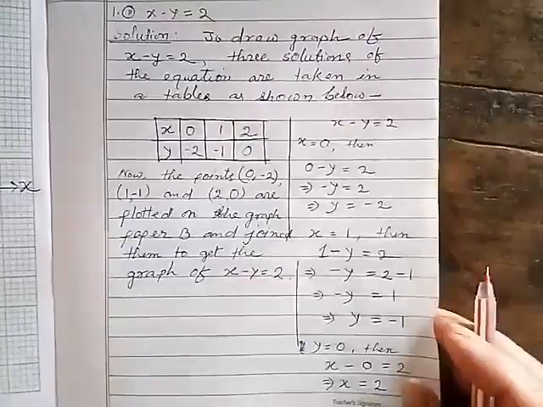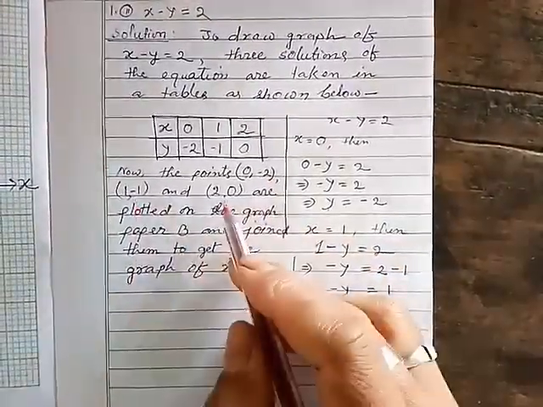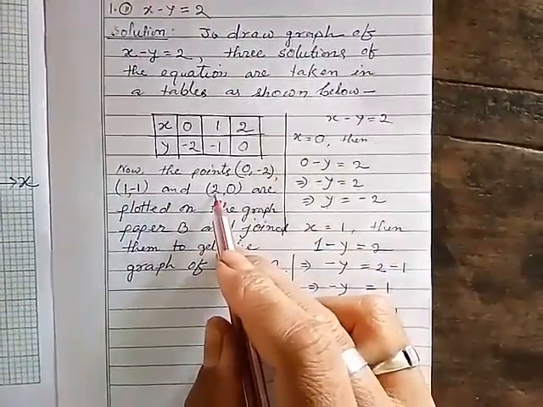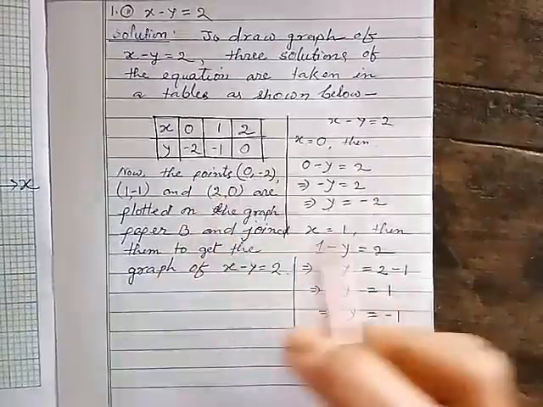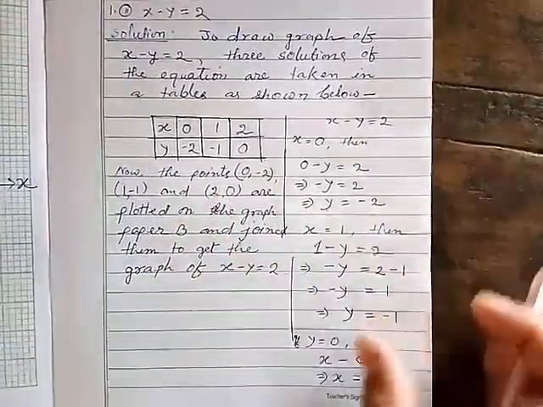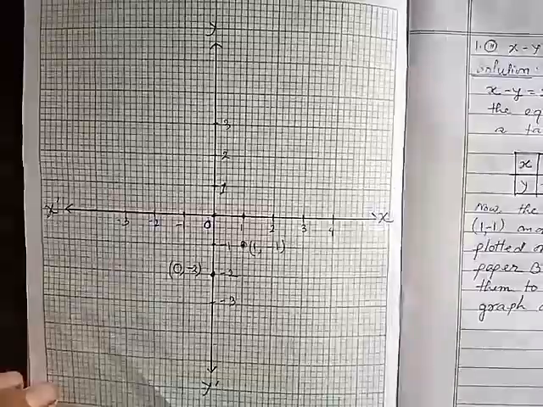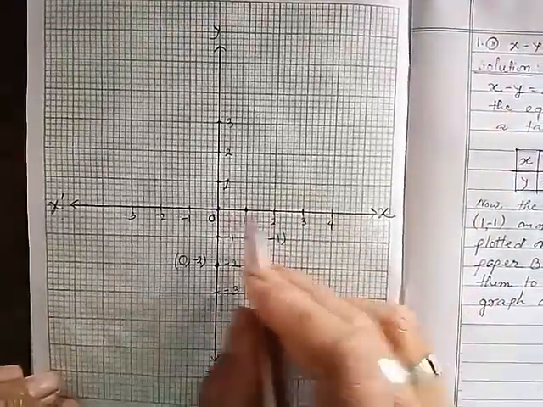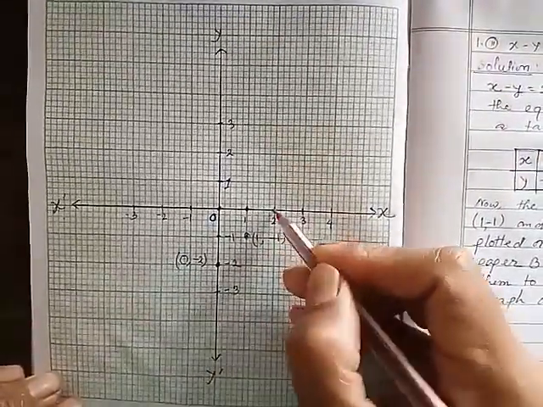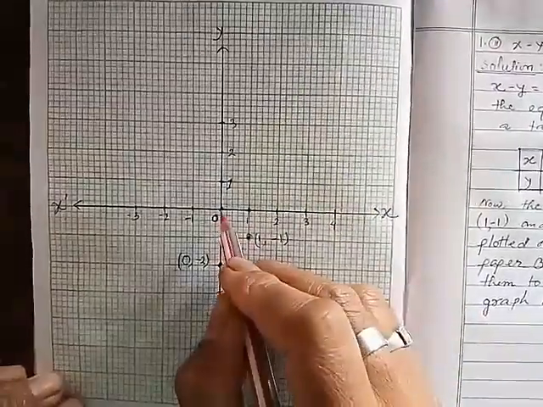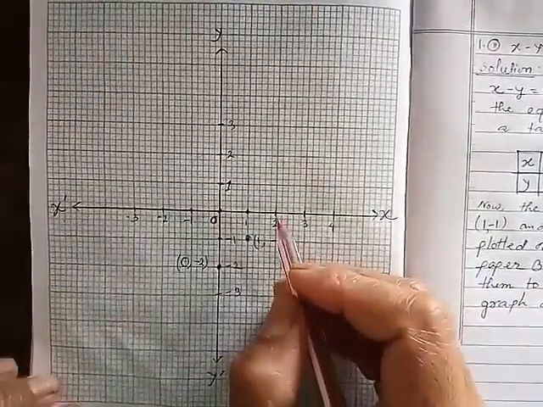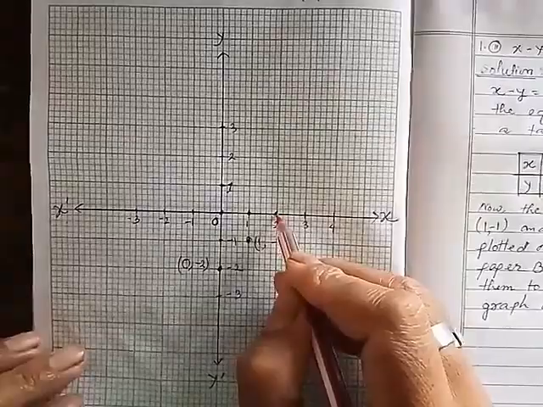The third point to be plotted is 2, 0. The x coordinate is 2, the y coordinate is 0. So on the x-axis, 2, and the y value is 0. So it will be here.